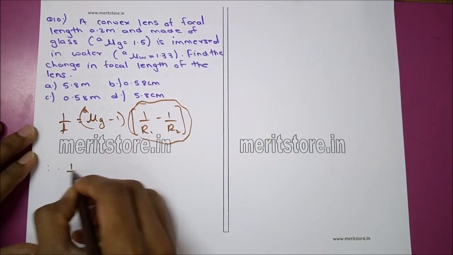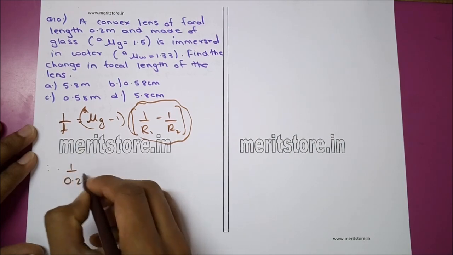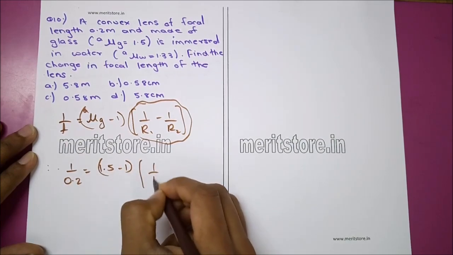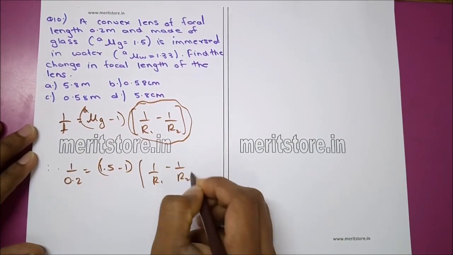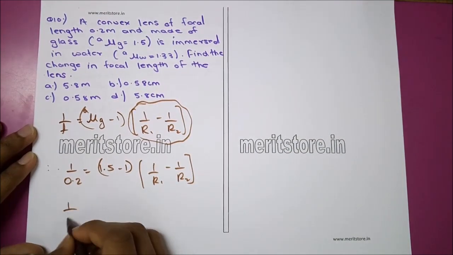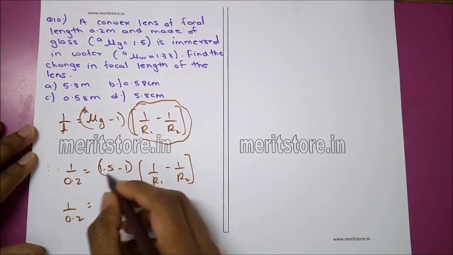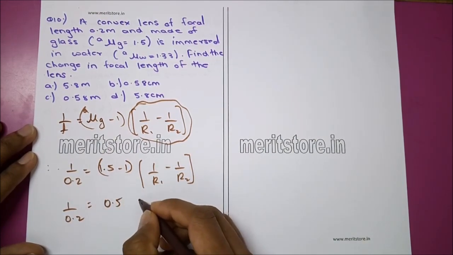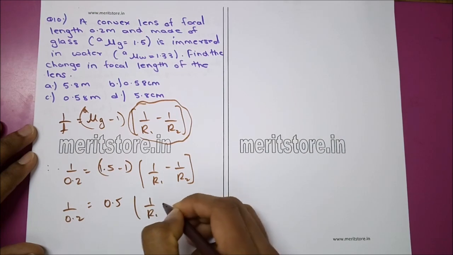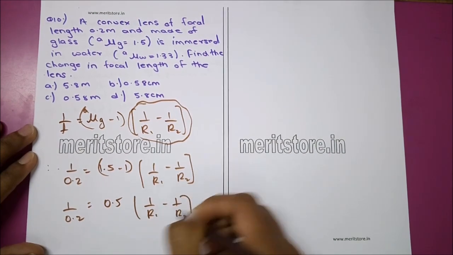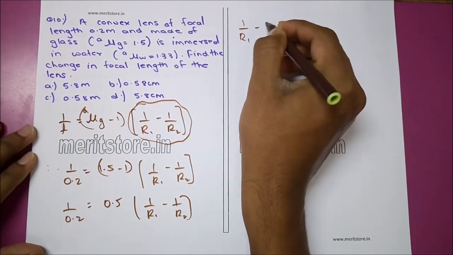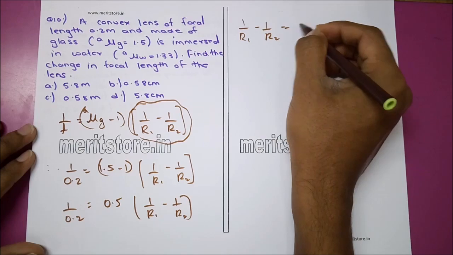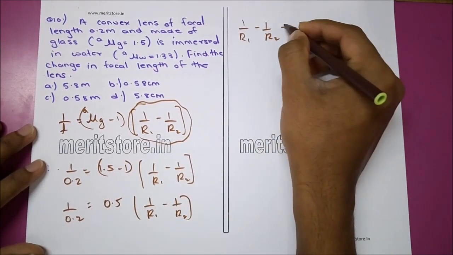Therefore the focal length in air is 0.2, so 1 upon 0.2 equals 1.5 minus 1, which is 0.5, times 1 upon R1 minus 1 upon R2. So therefore 1 upon R1 minus 1 upon R2 is equal to 0.5 into 0.2, and the reciprocal, it comes out to be 10.